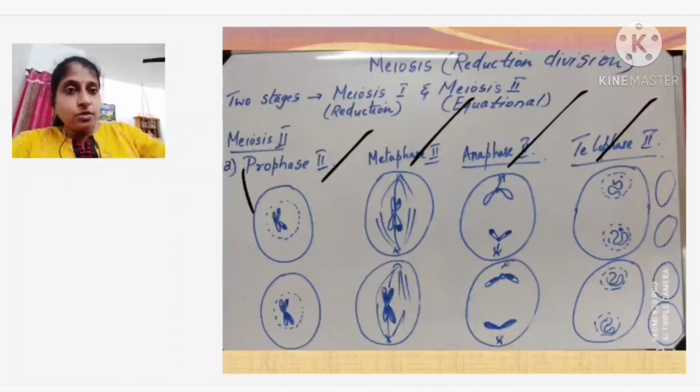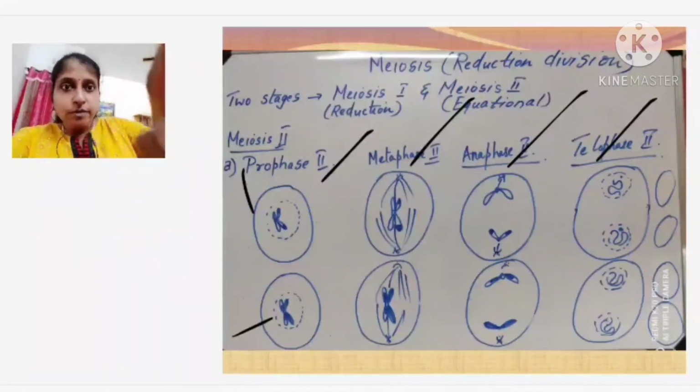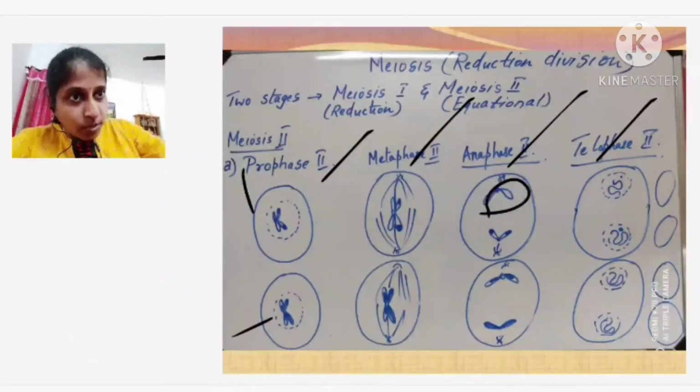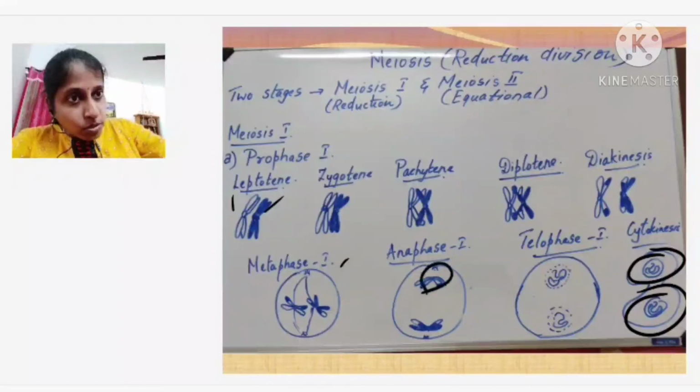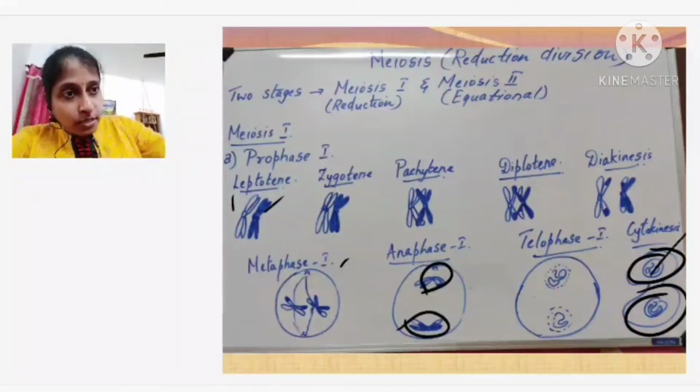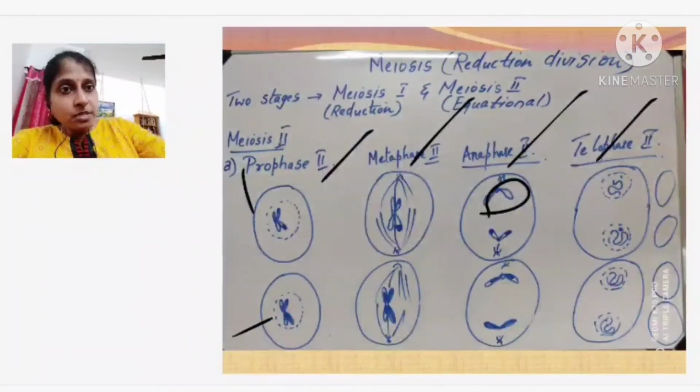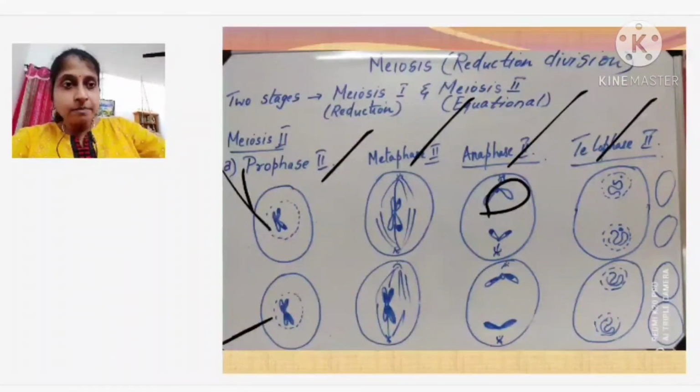One set is present over here like this. How many chromosomes are there in this? 23. This side also how many are there? 23. So 23 is present here and 23 is present in this cell, two sets, right?